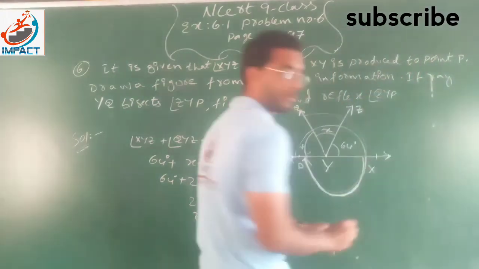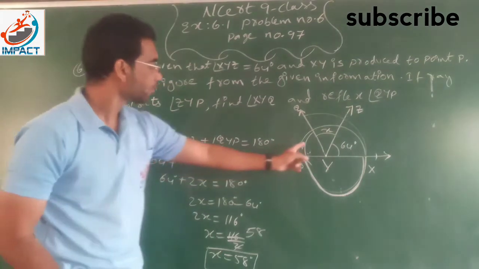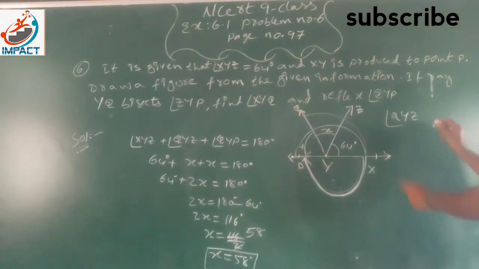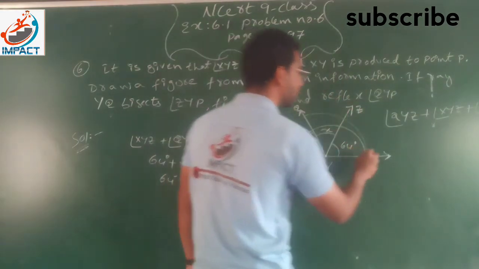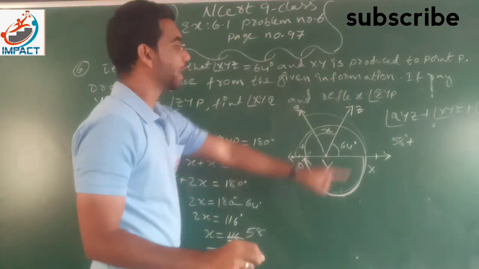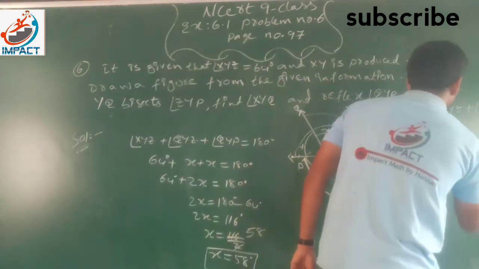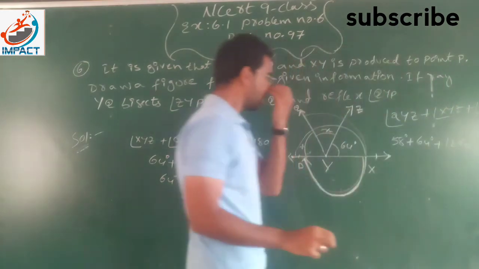First we will take angle QYZ plus angle XYZ plus angle XYP equals reflex angle QYP. QYZ is 58 degrees, plus XYZ which is given as 64 degrees, plus XYP which is 180 degrees, equals reflex angle QYP. Now do the total.